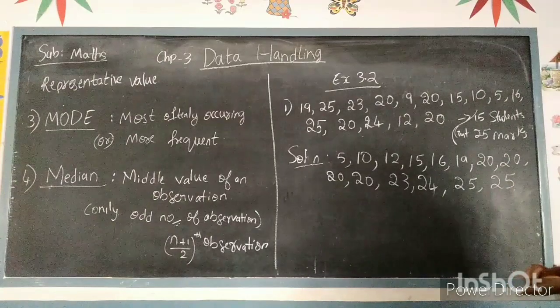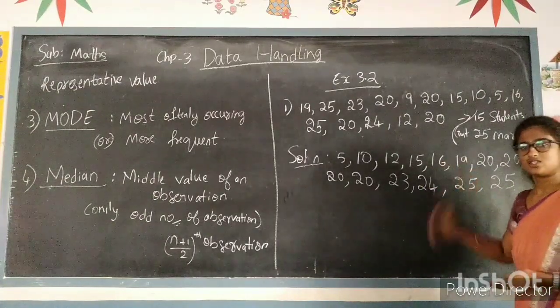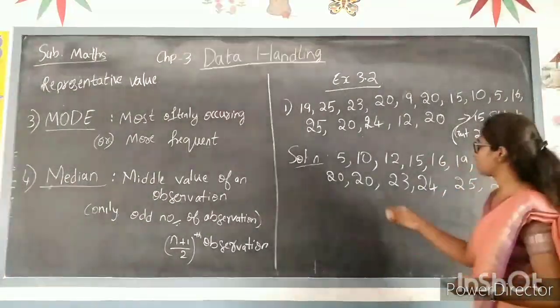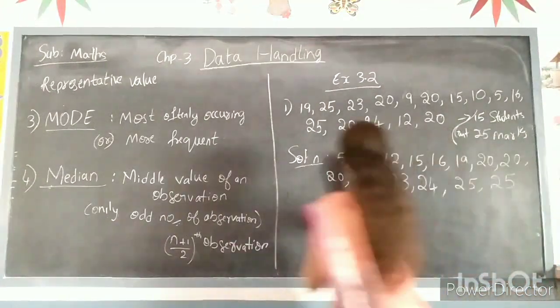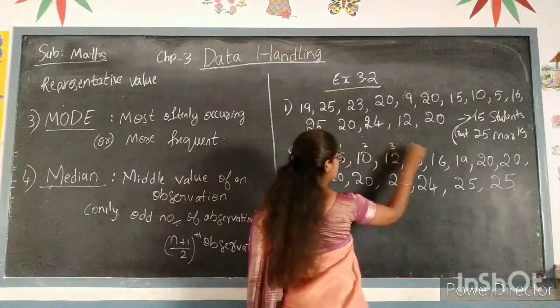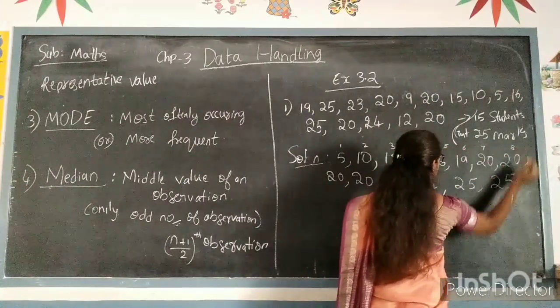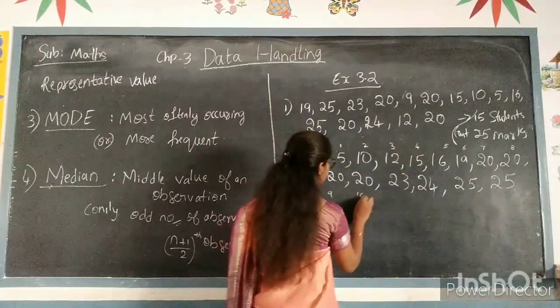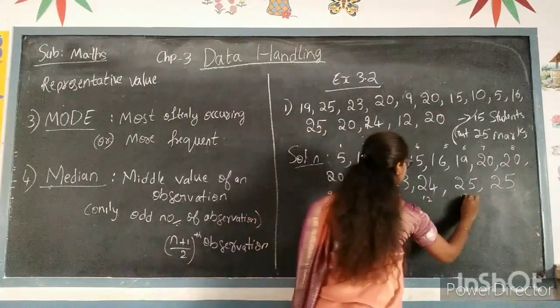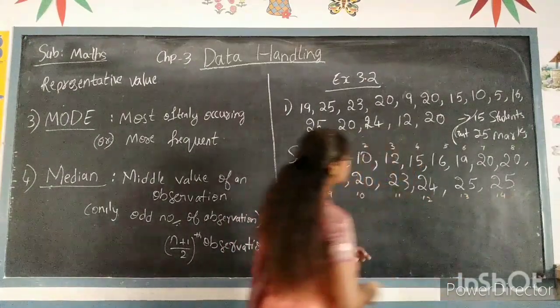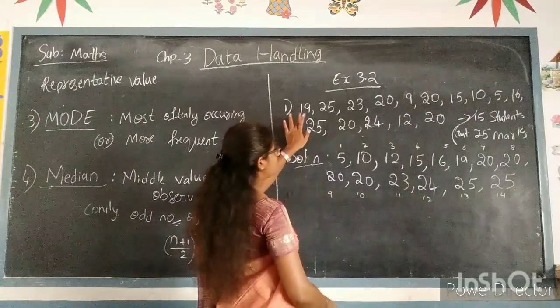Now, for our reference, let us count the marks we have written here to check. 1, 2, 3, 4, 5, 6, 7, 8, 9, 10, 11, 12, 13, 14. One number is missing, right? Here we have 15 marks.